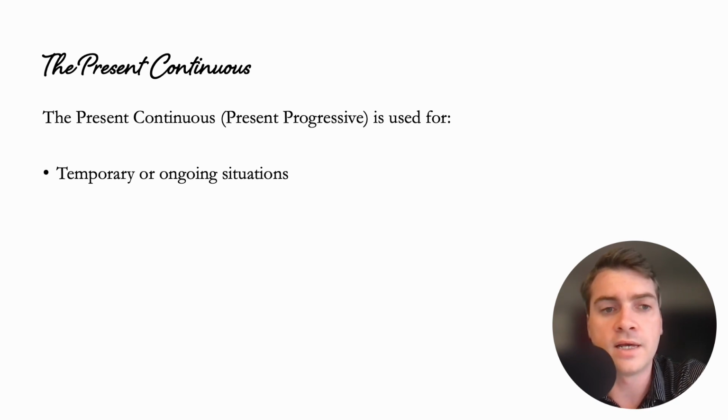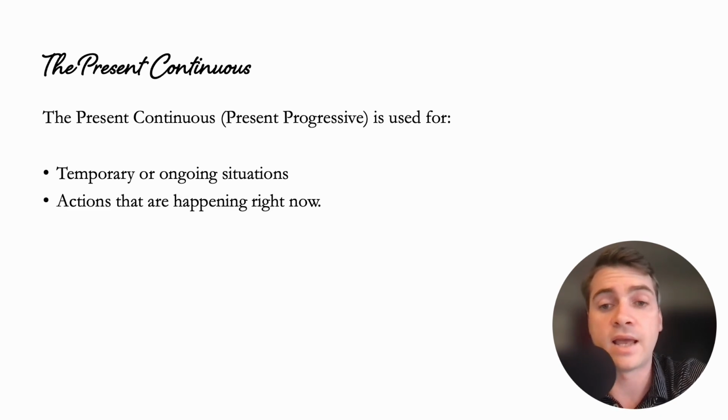You heard me a lot in the previous slides when we talked about the present simple. I was saying that everything in those was permanent. It's long term, right? But in the present continuous, it's the opposite. We're talking about things that are temporary or ongoing or happening right at this moment, okay?